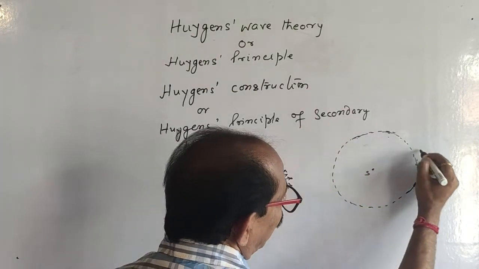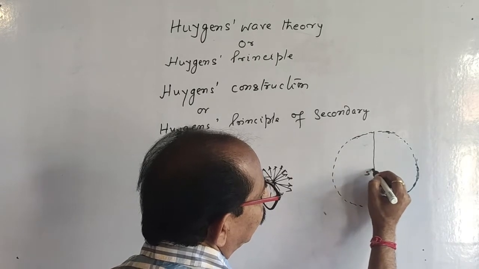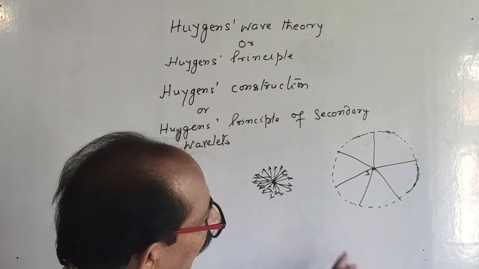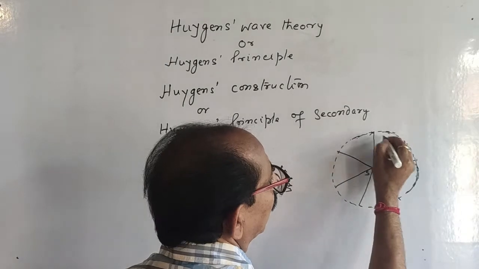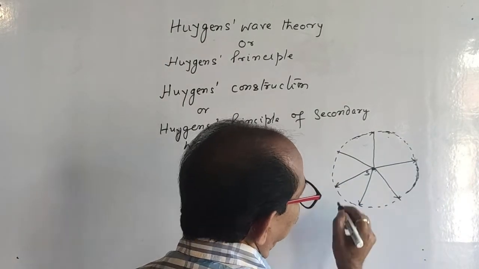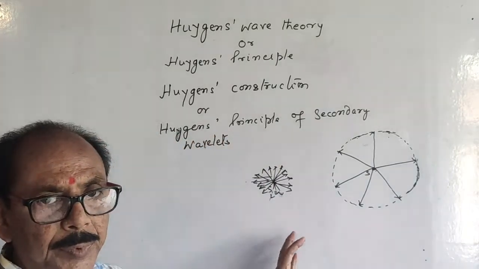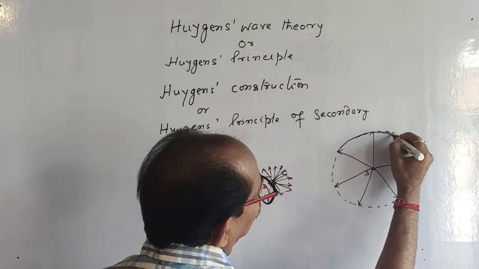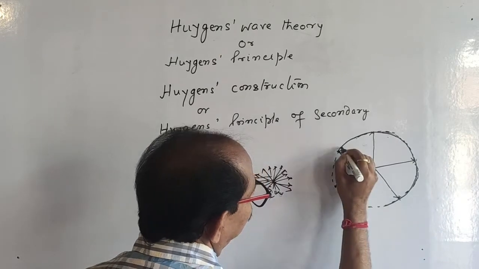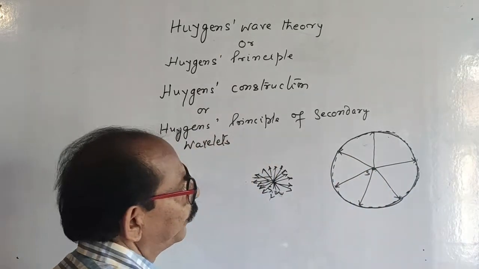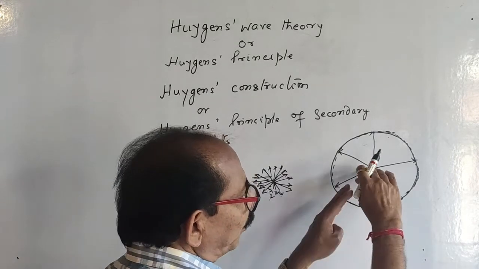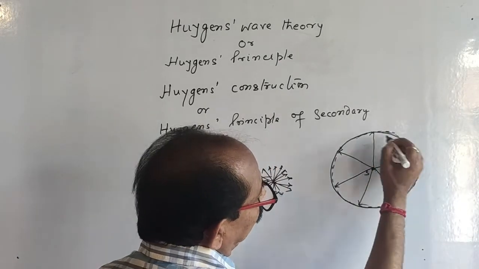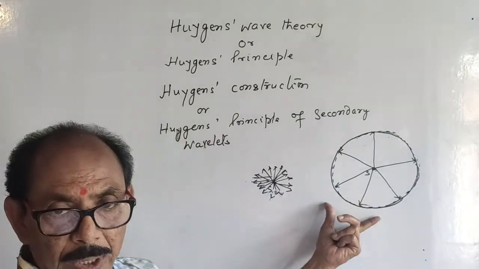All the waves on this plane reach in all directions in the same time and cover the same distance. That means the disturbance sent out by this source S in all directions reaches this surface.